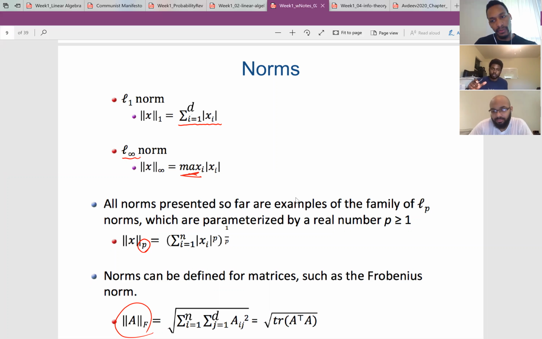I guess the reason we have different norms is because there's lots of different ways to compare matrices. Right. For example, let's say you have some constraint that you can't pass.